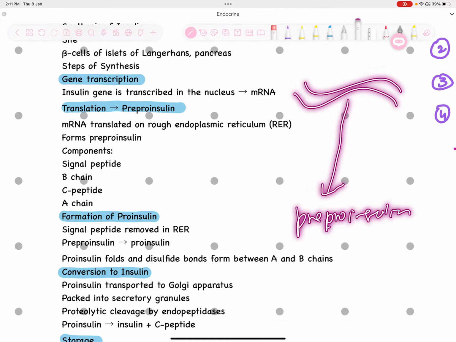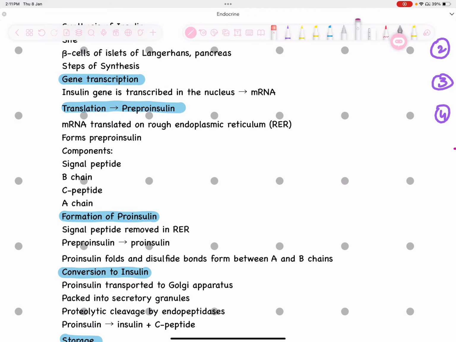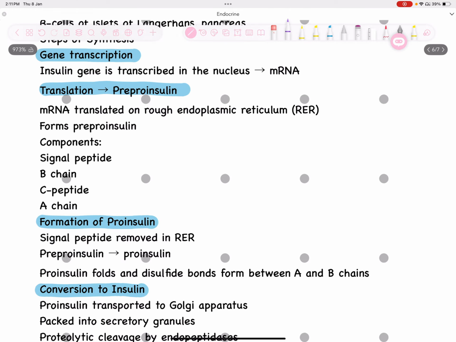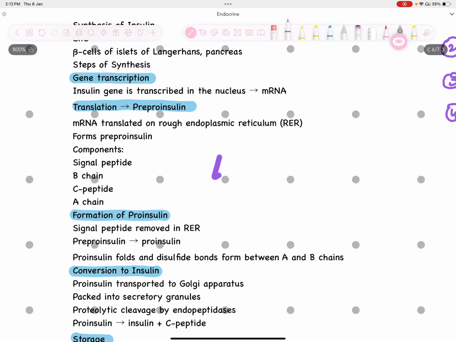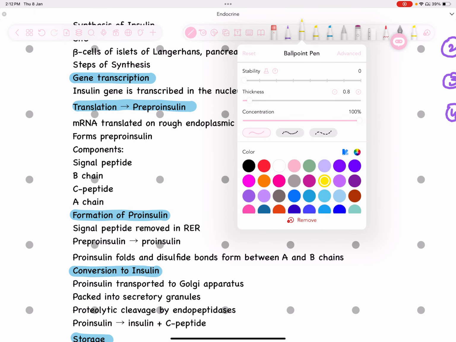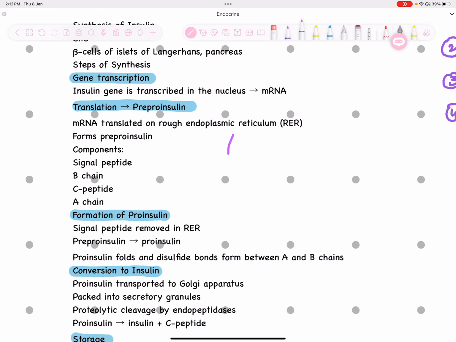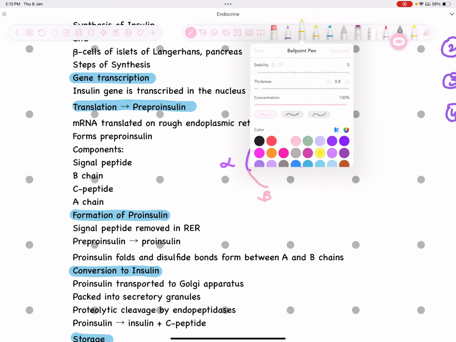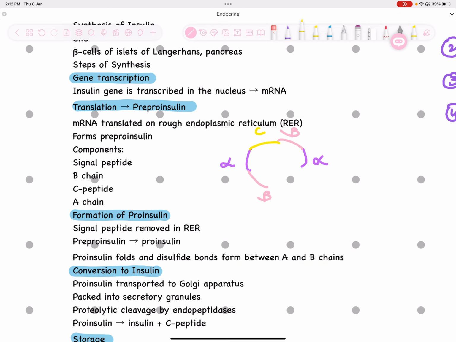Now pre-proinsulin is made up of a few components. Let's discuss those. First of all, it has two alpha subunits, so these are the alpha chains. Then it has two beta subunits. It has a C peptide chain, whose role is to connect the two.